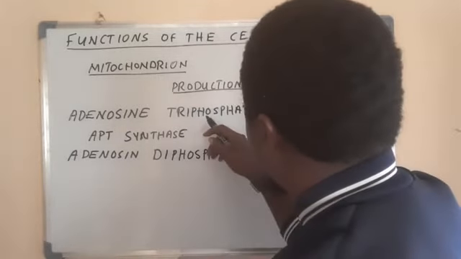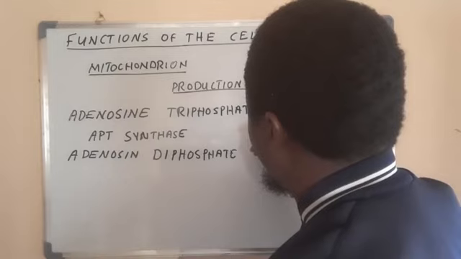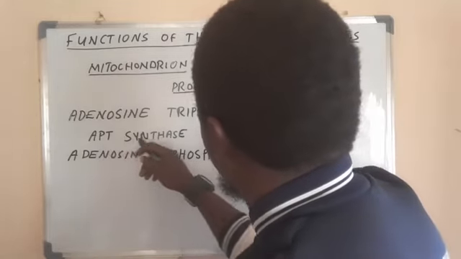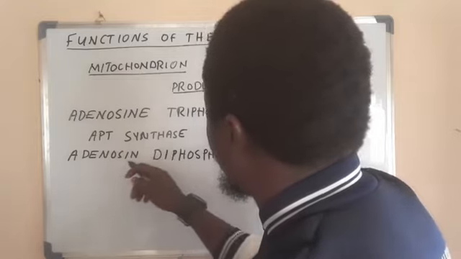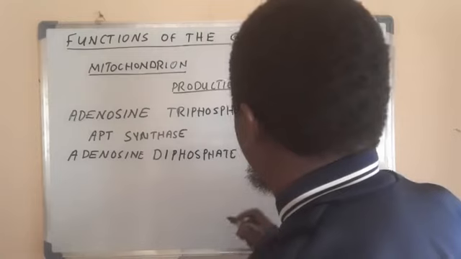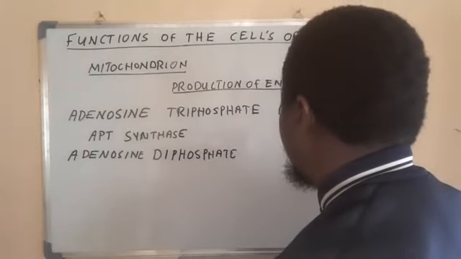The synthesis of ATP is triggered by ATP synthase, and it uses adenosine diphosphate to synthesize adenosine triphosphate.